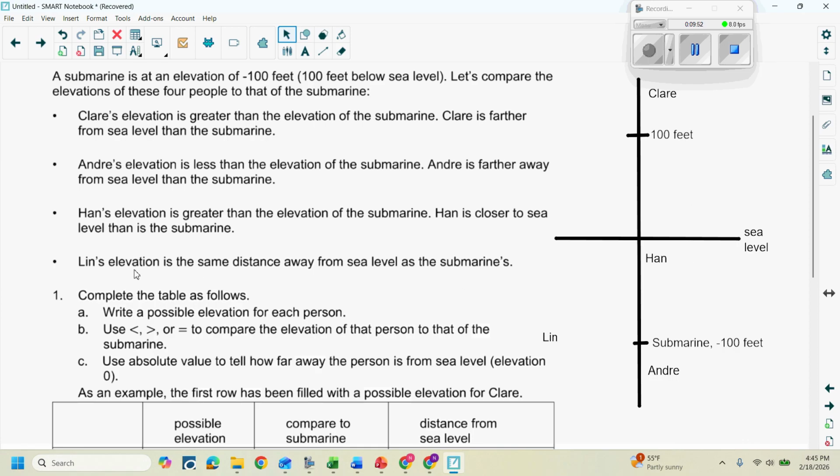Now, Lynn's elevation is the same distance away from sea level as the submarine. So in order for that to happen, there are two possibilities. Lynn is at the same place as the submarine, or Lynn is up here, and so at 100 feet, the distance to sea level is the same.